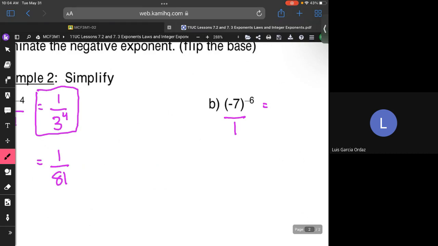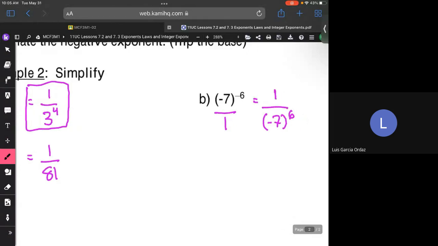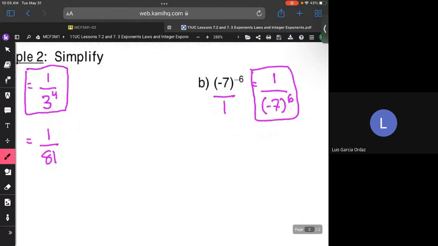Remember, everything else stays the same besides the exponent. Yep. 1 over negative 7 to the power of 6. And can someone tell me what negative 7 to the power of 6 is?